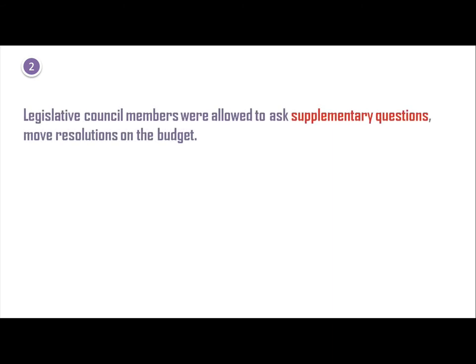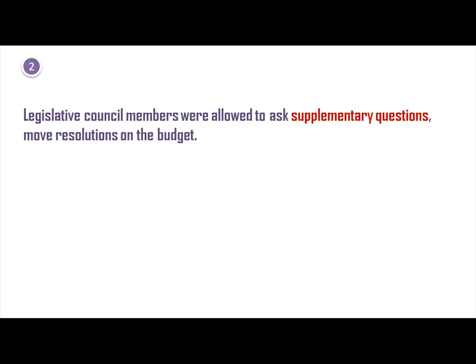Moving on to the second one. Here, the legislative council members were allowed to ask supplementary questions and move resolutions on the budget. This is one of the very important bits here. Let me explain. In the previous Indian Council Act, that is the Indian Council Act of 1891, the legislative members were allowed to ask questions.